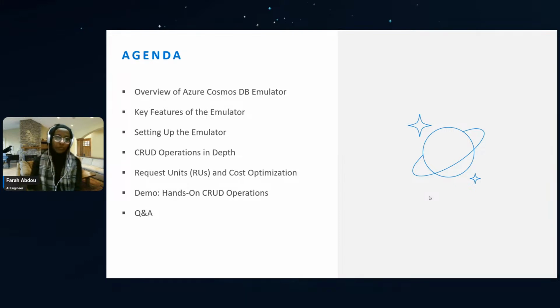First of all, we will have an overview of Azure Cosmos DB Emulator and know some key features of the emulator and how to set up the emulator if you don't know how to do this. Then we will go in depth for the CRUD operations and know more about the request units and cost optimizations, and then have some demo, which will be the most important part of today's session.